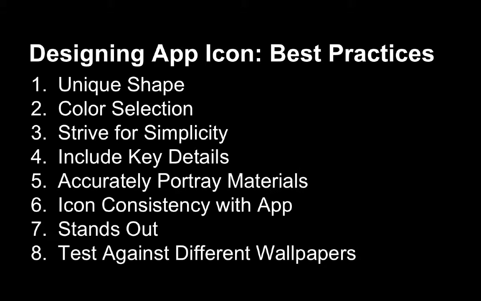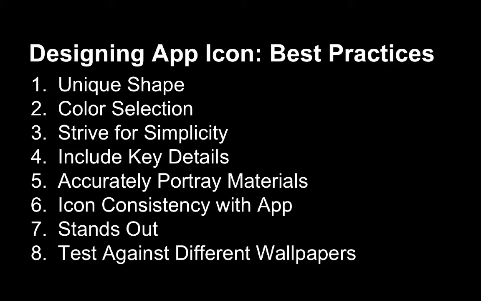All right, so we're going to talk about some of the best practices for designing your app icon. You want to focus on a unique shape. Start with a simple shape that is recognizable at a distance and at a glance. Make sure that the image that you choose for your icons can reduce really well and is clear at any size.